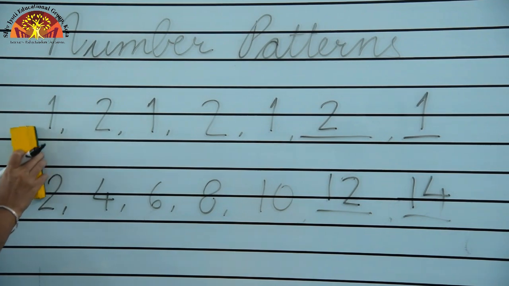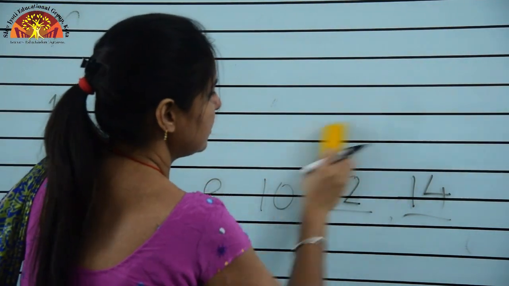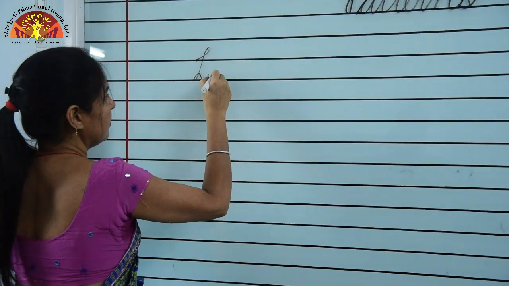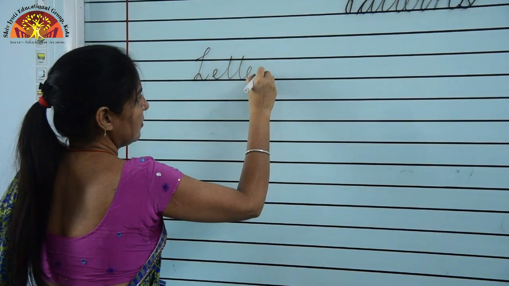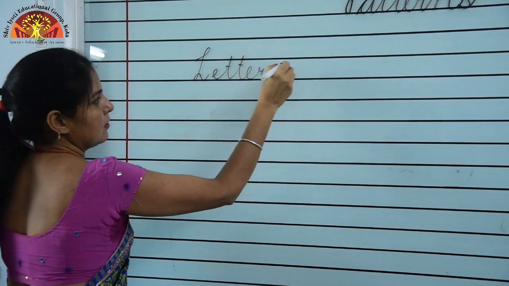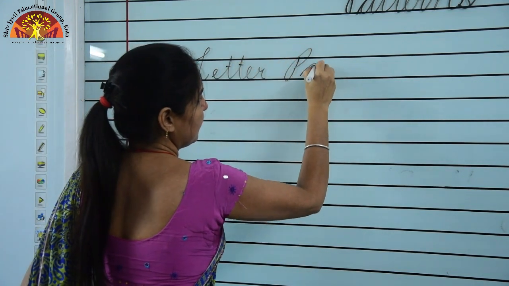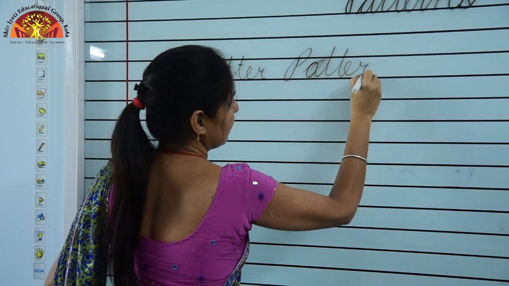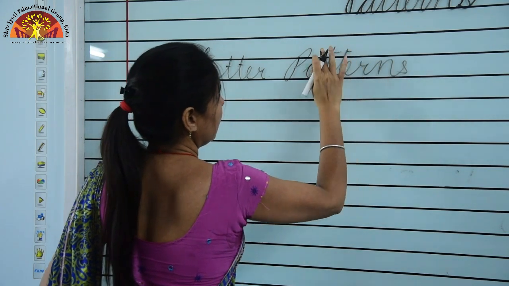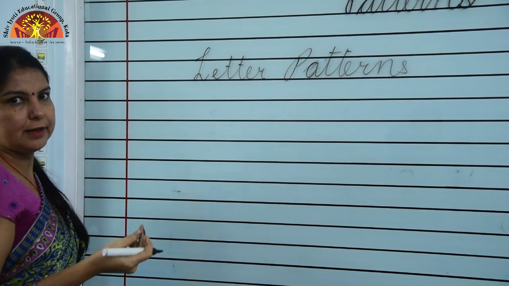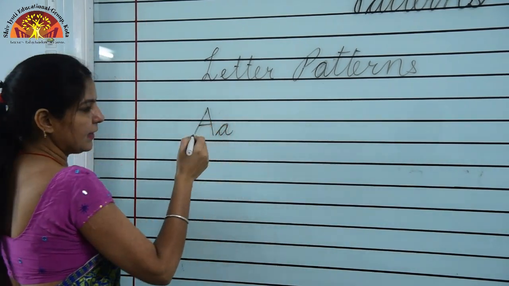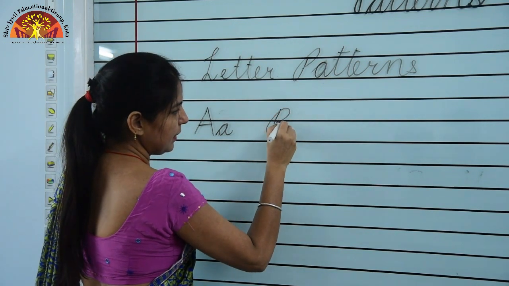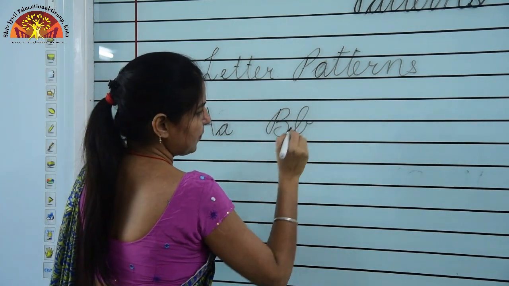Now we will see the next pattern. Now we have to follow the given rule here. One capital A, then small a. After it, capital B, small b.